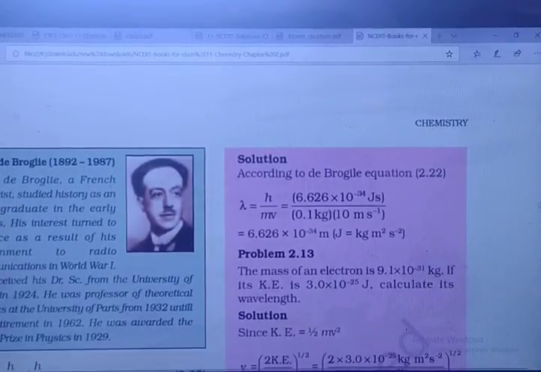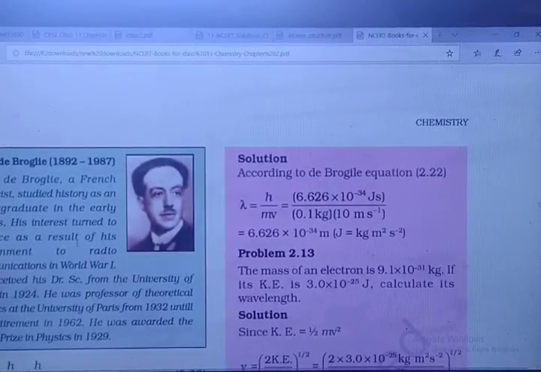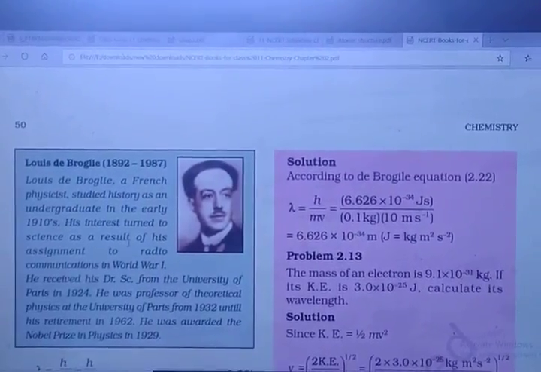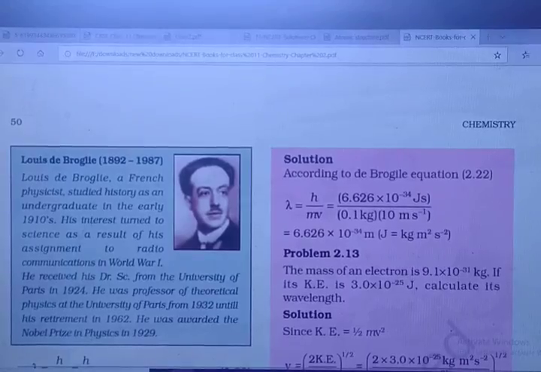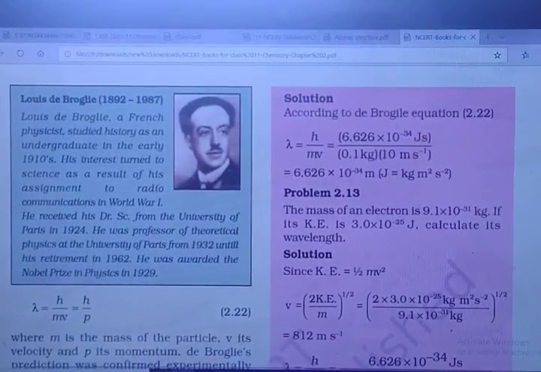You can see here the person known as de Broglie. See, all the scientists were very much interested. They found something and gave the concept. Louis de Broglie, a French physicist, studied history as an undergraduate in the early 1910s. His interest turned to science as a result of his assignment to radio communication in World War I. He received his doctorate from the University of Paris in 1924.